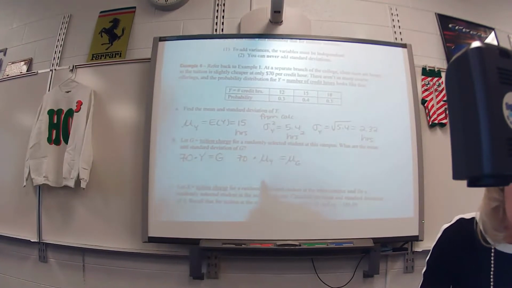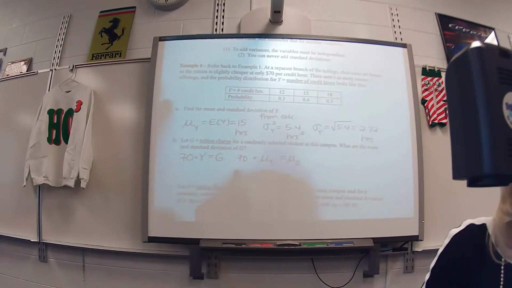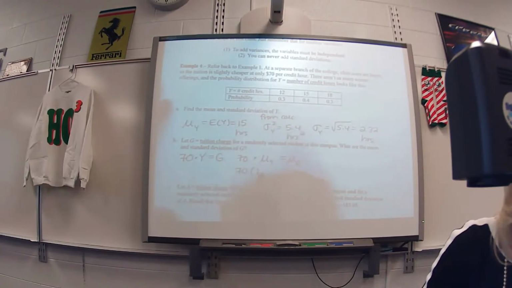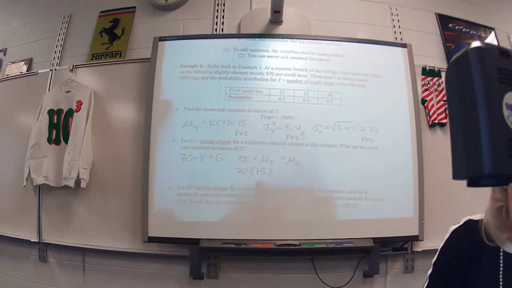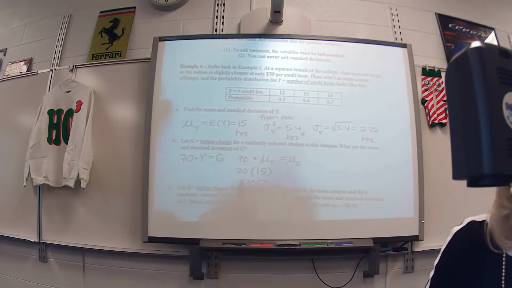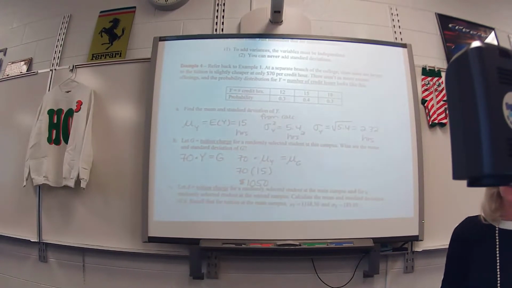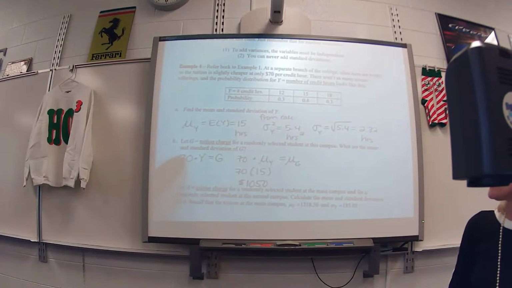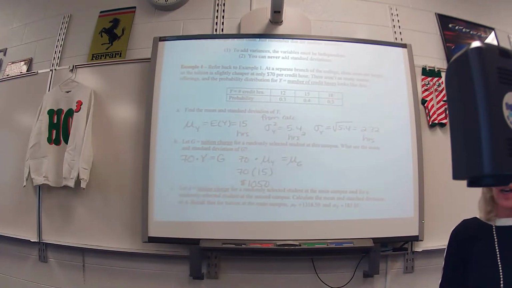I can just follow that rule. So I can say 70 times 15, which would be how much? 1050? Yeah. And this would now be in dollars because it's $70 per credit hour times a certain number of credit hours.